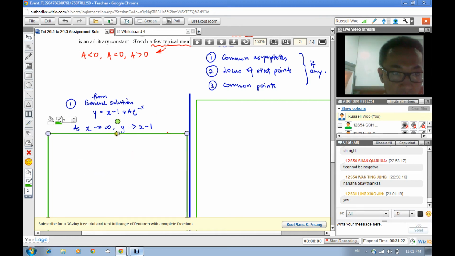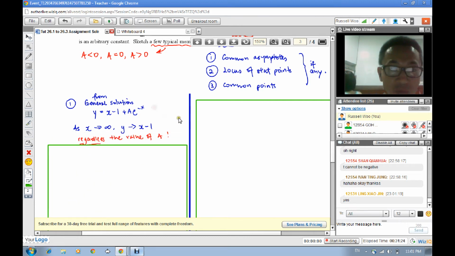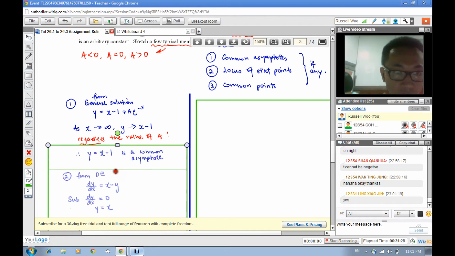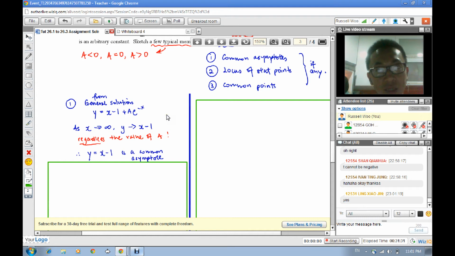So regardless of the value of a, y equals x minus 1 is a common asymptote. I repeat, the common asymptote is definitely gotten from the general solution, not the DE.